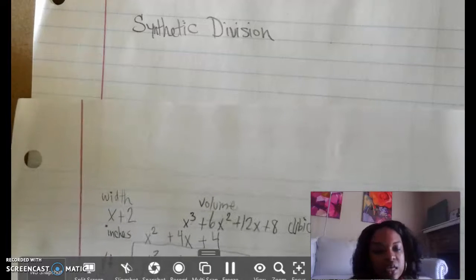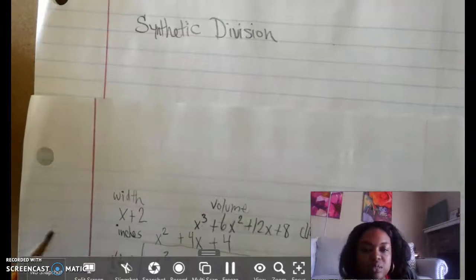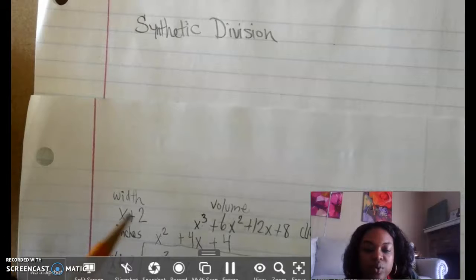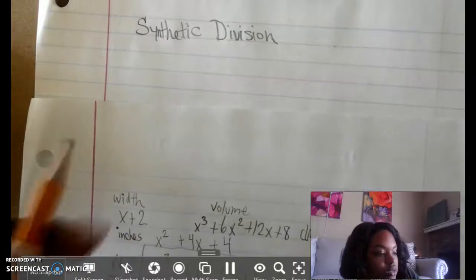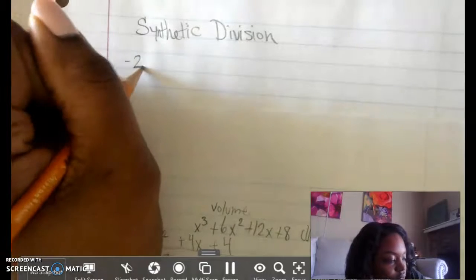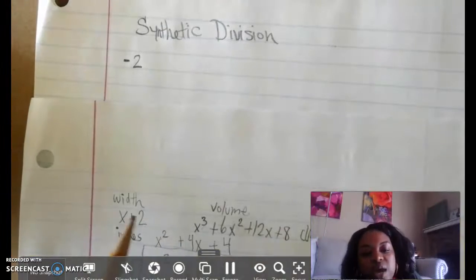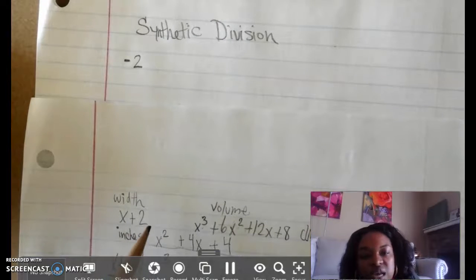So we're going to take what we're dividing by. Similar to long division, we were dividing by x plus 2. And so in synthetic division, we only use numbers. So in this case, we're only going to use our solution here that will make this 0. So negative 2 plus 2 is 0. So we're going to use a negative 2. And it just so happens that we usually just change the sign for this.